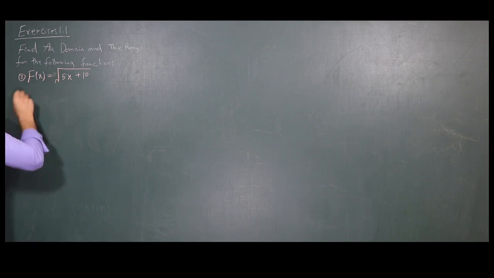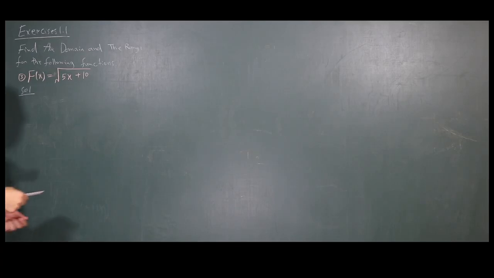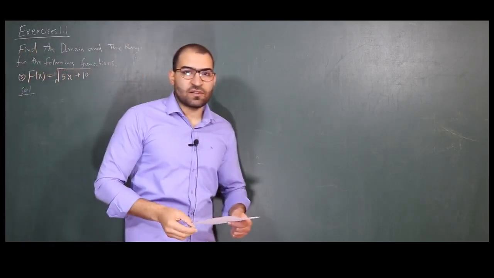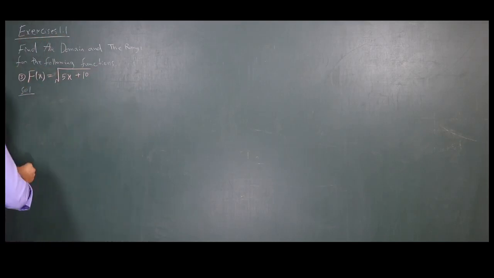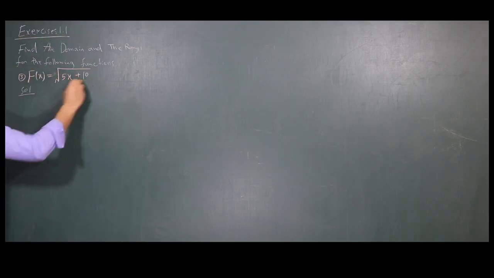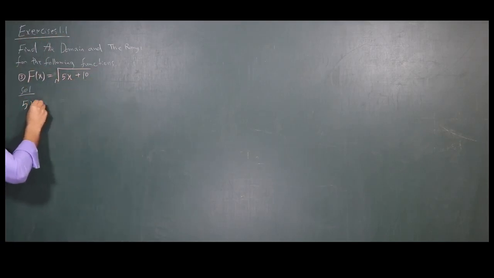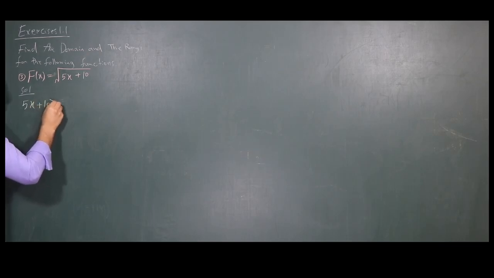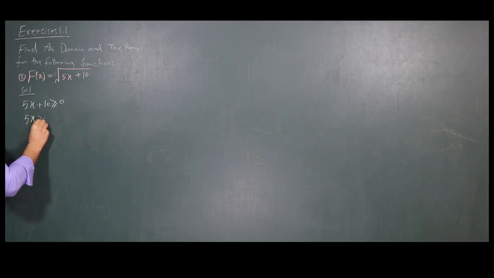We can see the solution. This function is just a square root function, and according to the 3 lectures of concepts and skills, we can find the domain of this function by constructing the expression inside the square root to be greater than or equal to 0. So 5x plus 10 greater than or equal to 0.